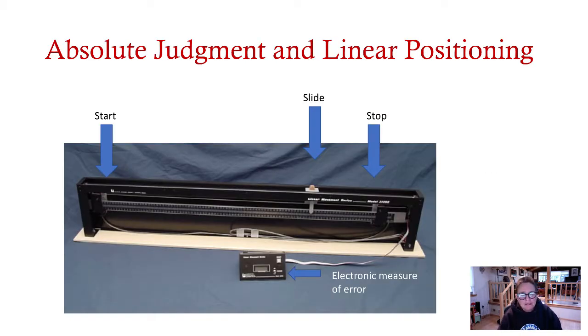So here you see an old apparatus. It's called linear positioning. On this device, what you see is a linear positioning apparatus. Linear because the ruler is linear. There are also apparatus that measure memory in a curvilinear fashion. On this linear positioning apparatus, you'll notice the start right here.